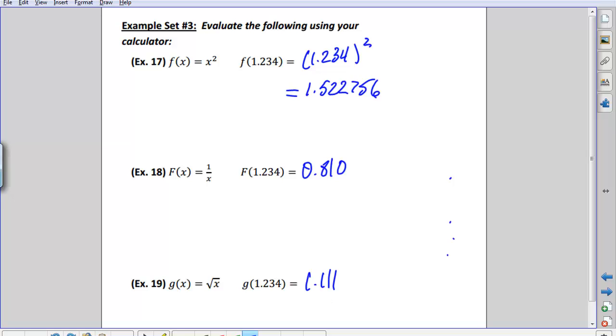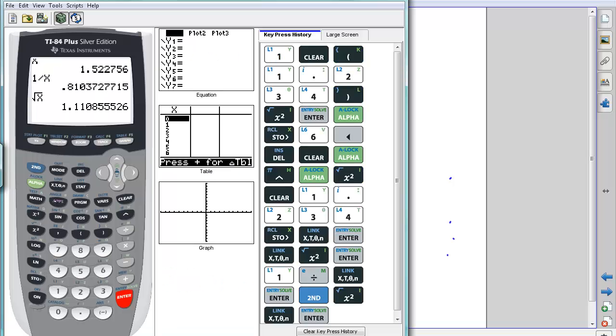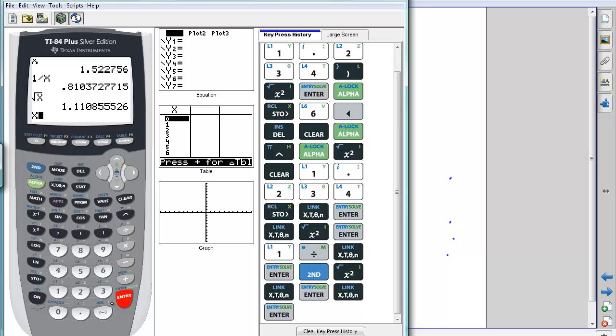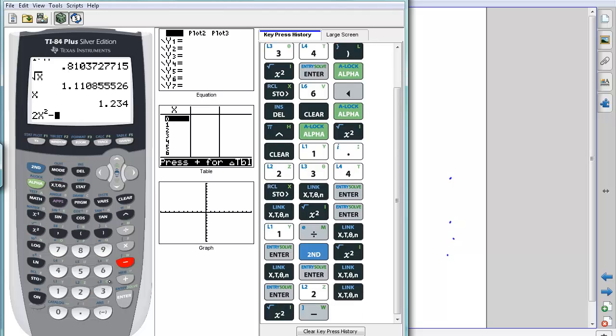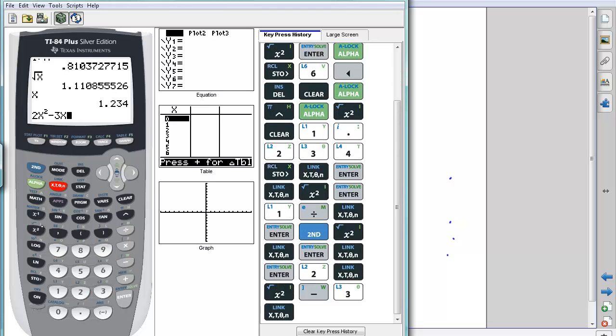When I use that x now, now that I've stored that value, if I just put an x in, it is 1.234. Now where this is really helpful is if you've got some big nasty function. Maybe I want to do 2x squared minus 3x using that x value.